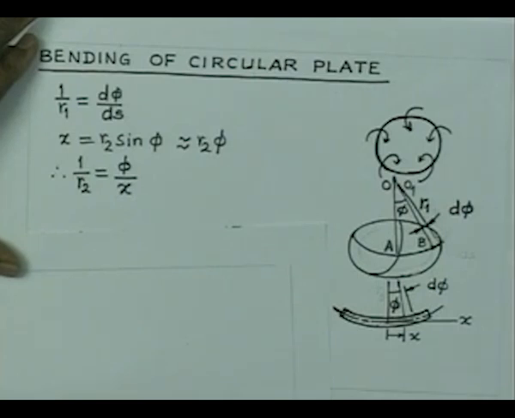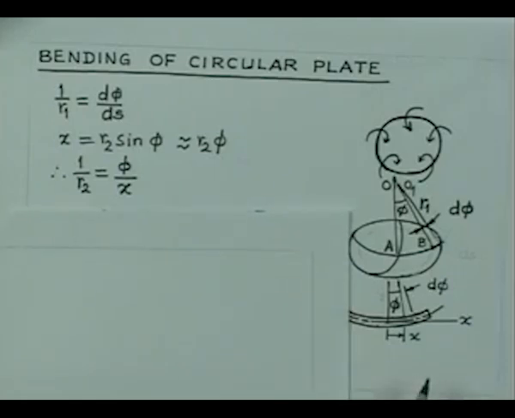So, we have got the two curvatures. With this definition, it is now possible to go in for writing the equilibrium equation for the case of a circular plate element.